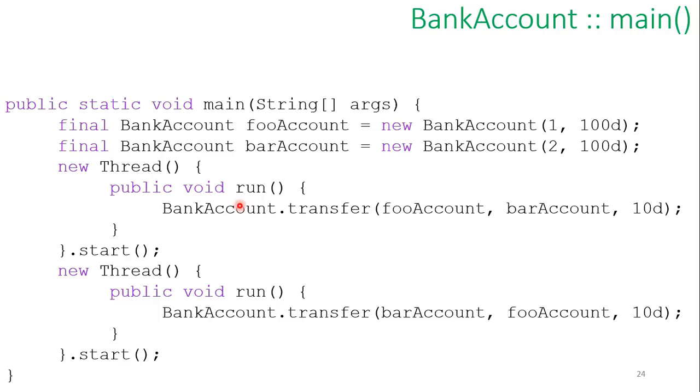In that run method, we are going to call the transfer static method from the BankAccount class, and we say, I want to transfer $10 from the fooAccount to the barAccount. Okay, so I use those accounts I defined sooner in the main.